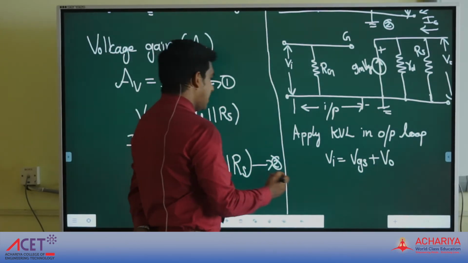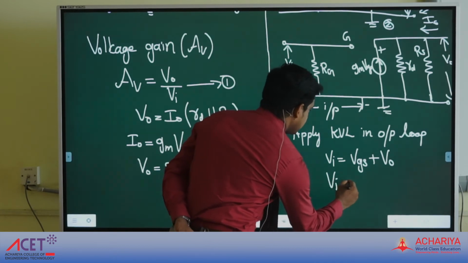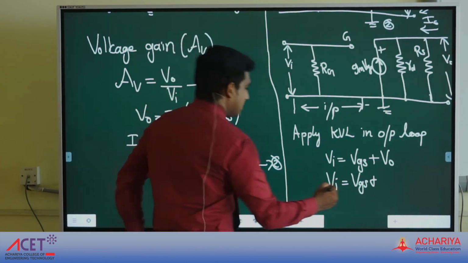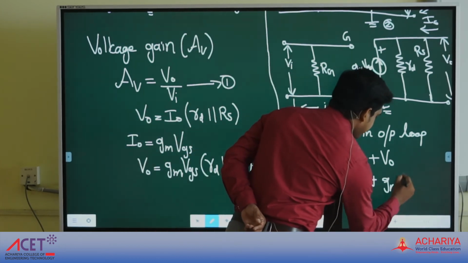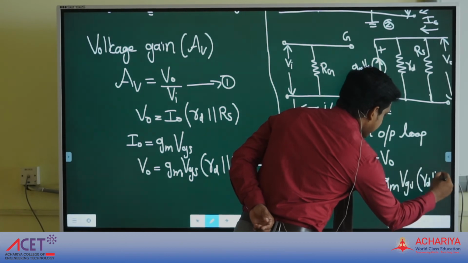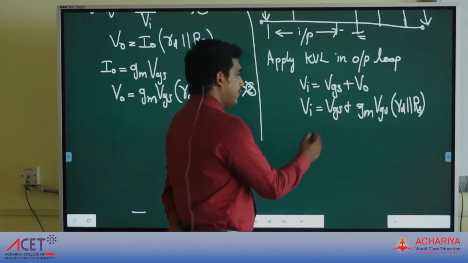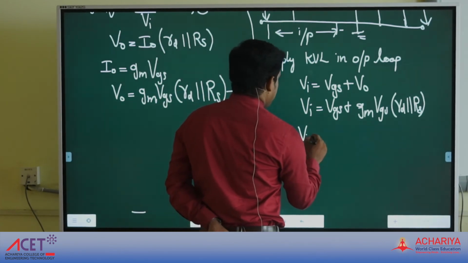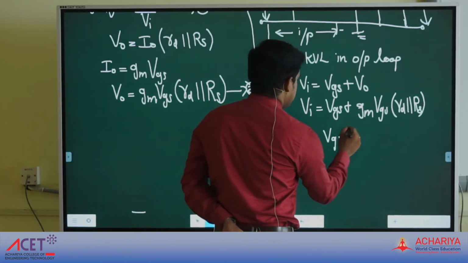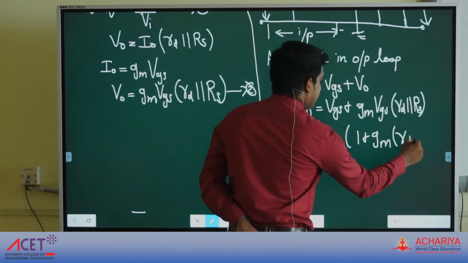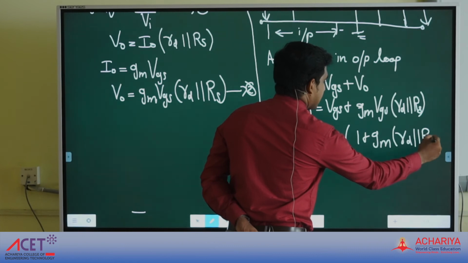We can substitute V0 as GM VGS into small rd parallel capital Rs. From this equation we can take VGS out, VGS into 1 plus GM RD parallel capital Rs.